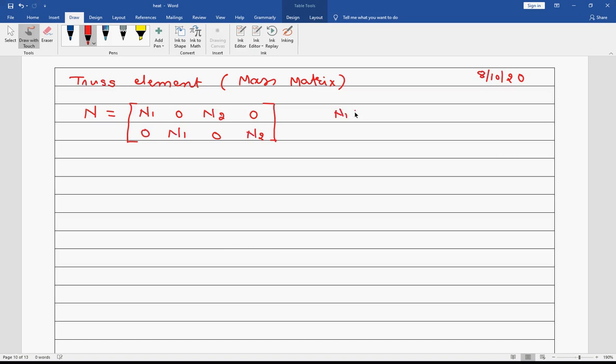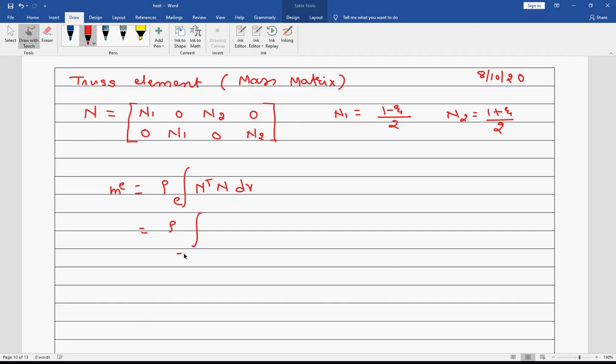Since it is one dimensional, we already know N1 is (1 minus xi)/2 and N2 is (1 plus xi)/2. So now how do we write the mass matrix? It is rho times the integration of N transpose N dV. This is how we derive it, and of course this is integration over the element.